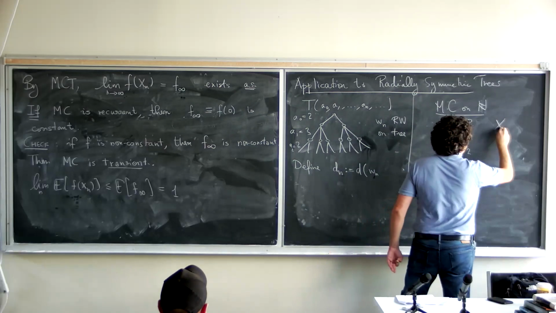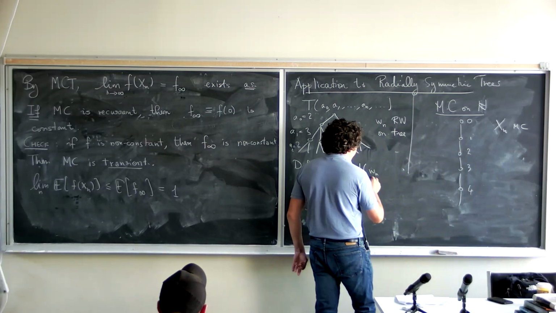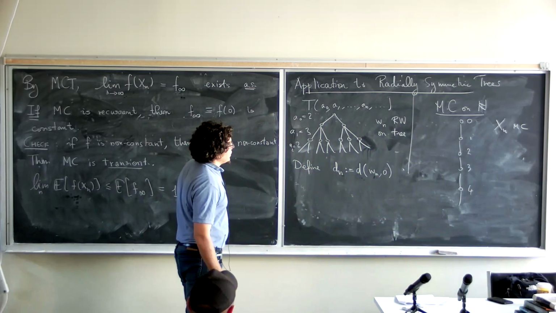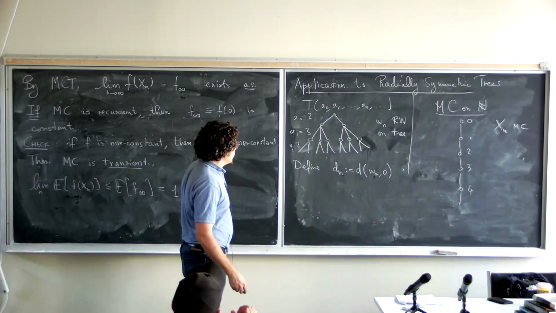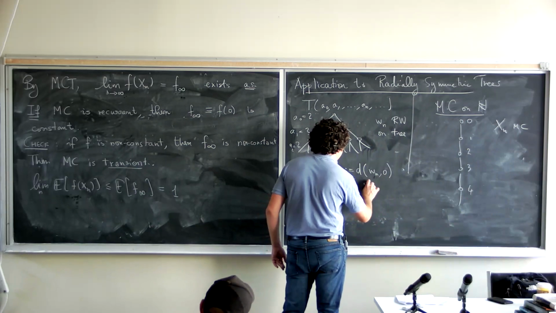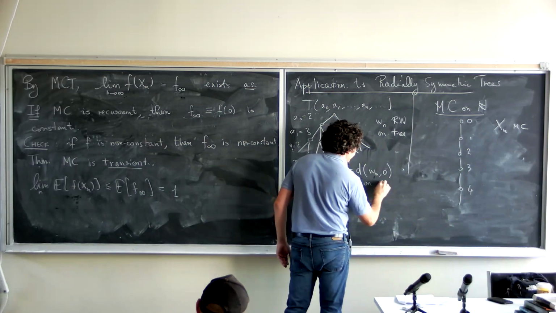And here we call Xn the Markov chain. So the distance itself, not the probability. So this is a Markov chain on N.